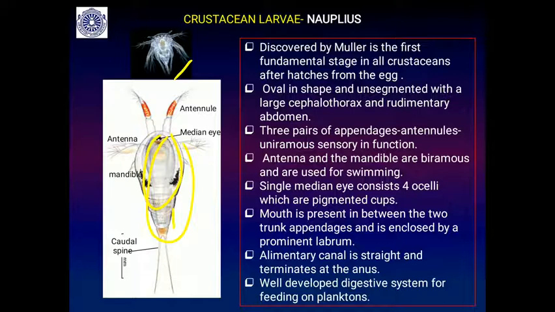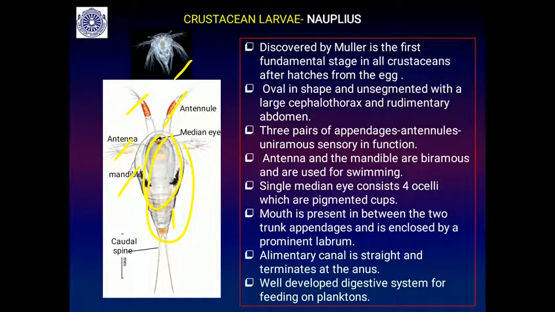The first pair is called antennule, the second is antenna, and the third pair is mandibles. The first pair is uniramous, which is unique, and the second and third pairs are biramous appendages. The antennule is sensory in function, and the antenna and mandibles are used for swimming.